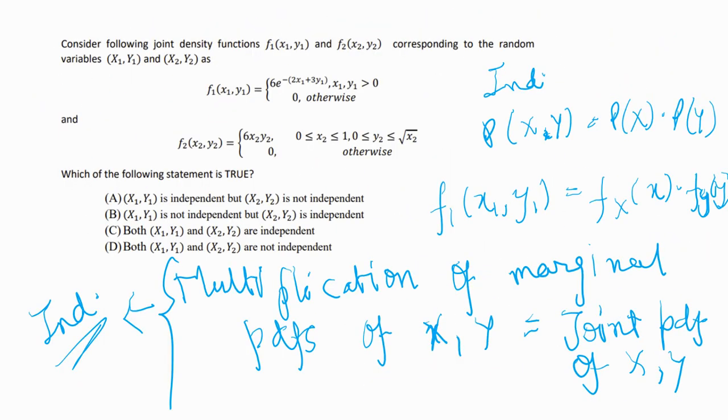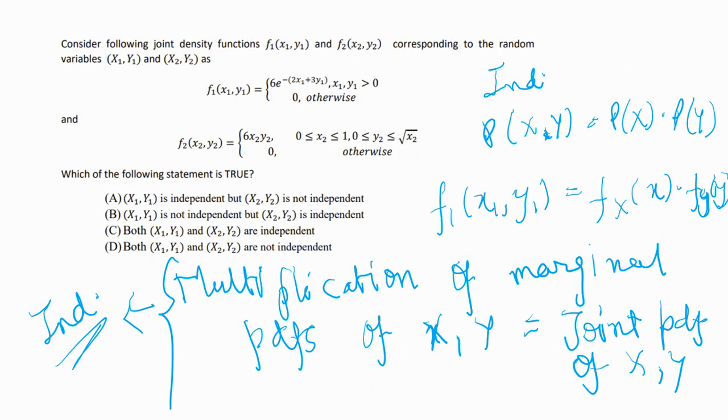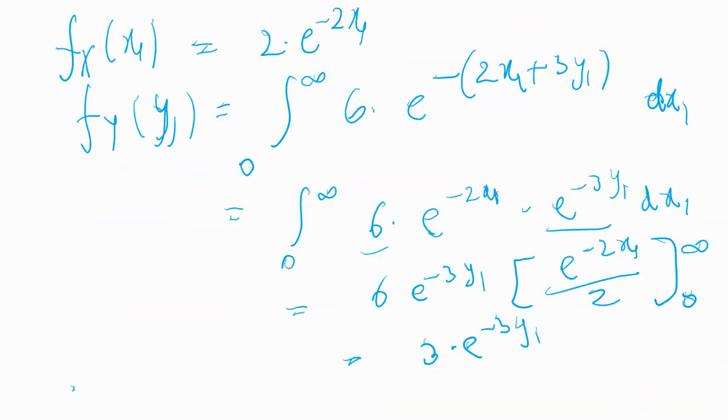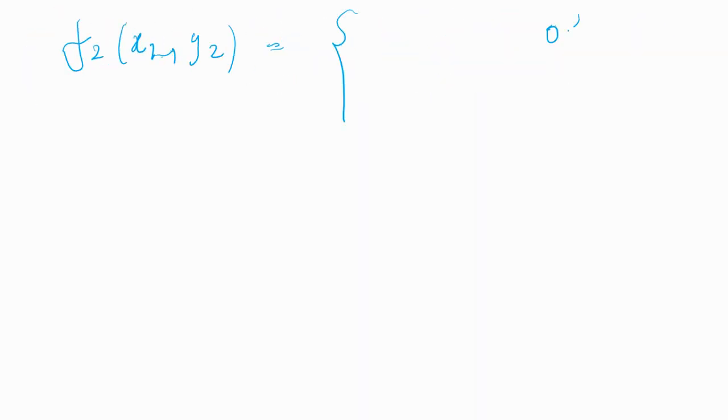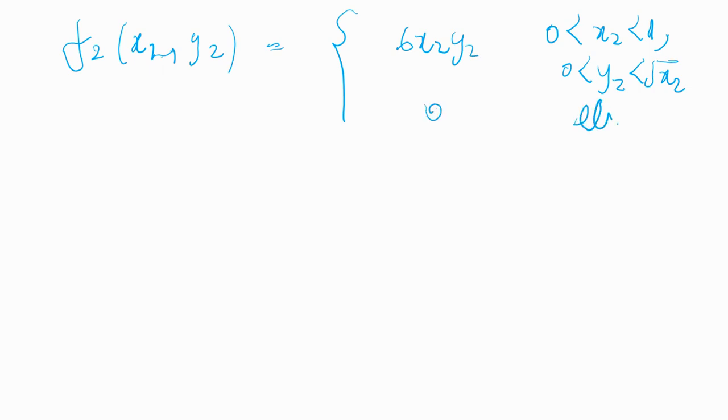Now we need to check for the second one. Okay. So for the second one, f2(x2, y2) is given as 6xy, with x from 0 to 1 and y from 0 to 1.